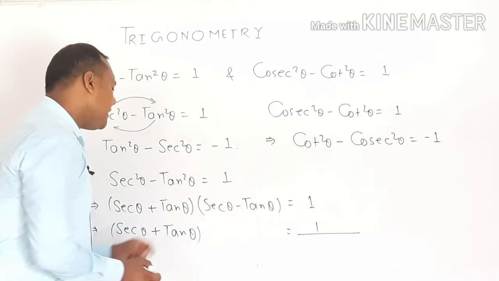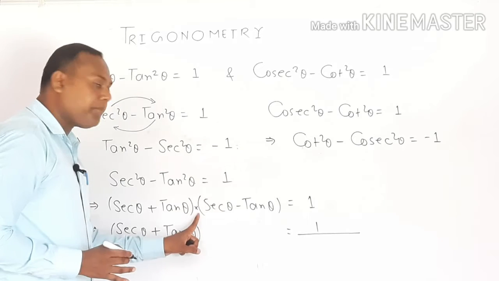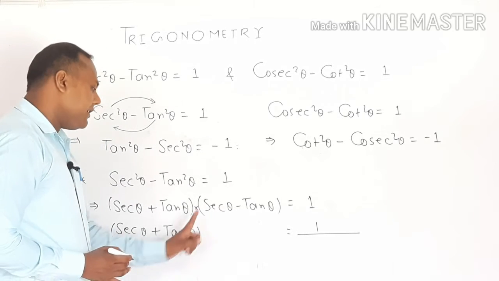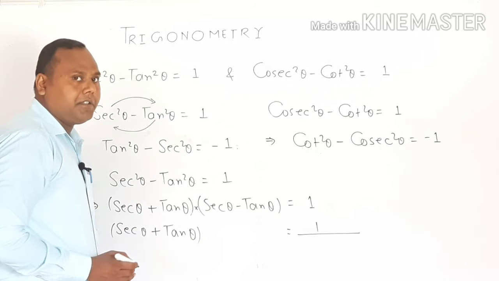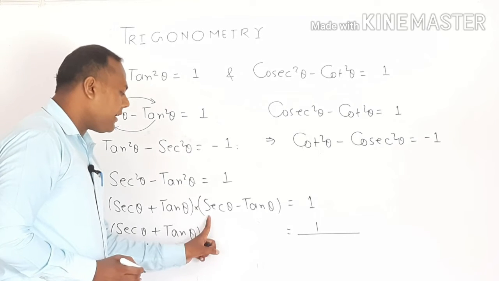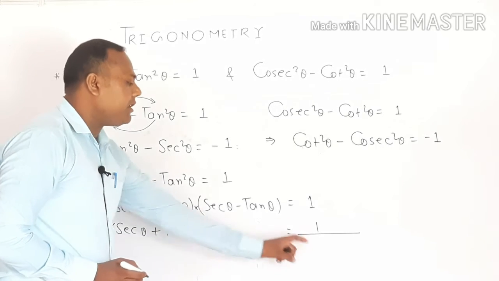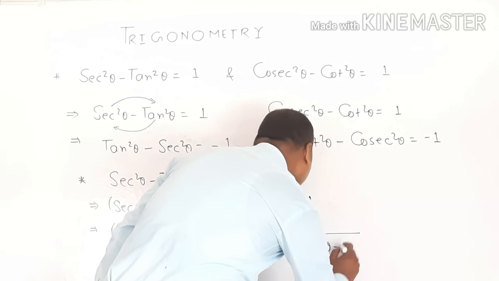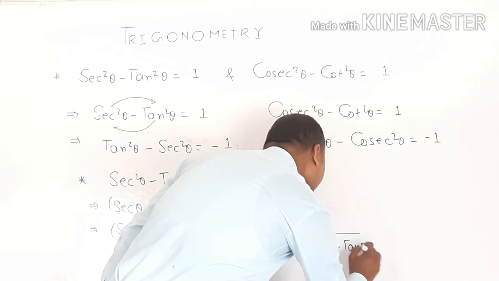And we can also write sec of theta plus tan of theta will be equal to 1 upon this term, which is in the form of multiplication. That's why after changing the side it will be in division form. That means this part goes into the denominator: sec of theta minus tan theta.